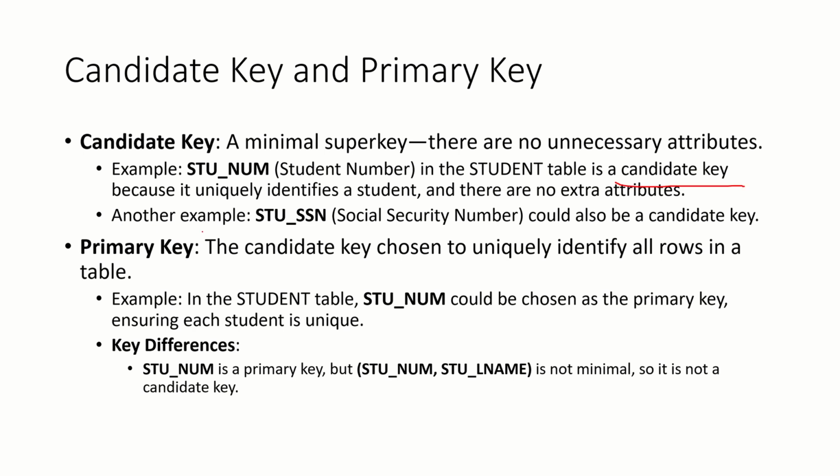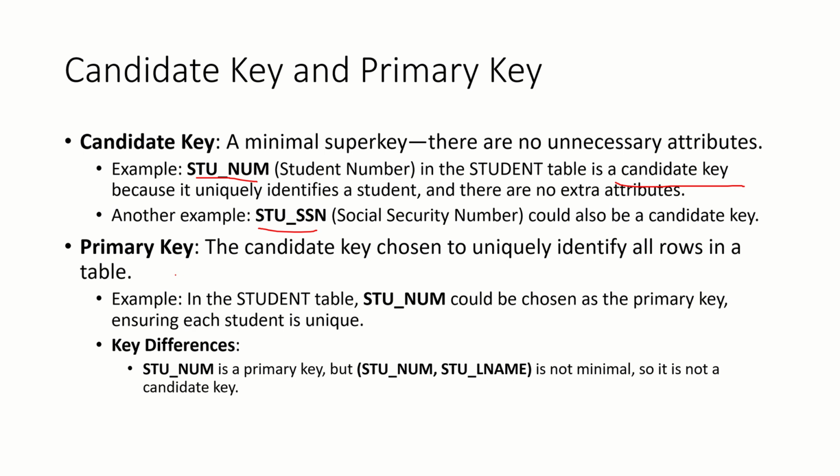Or we could use the student's SSN, the social security number, which can also be a candidate key. So you can tell this one and this one are minimal super keys. There are no other unnecessary attributes.